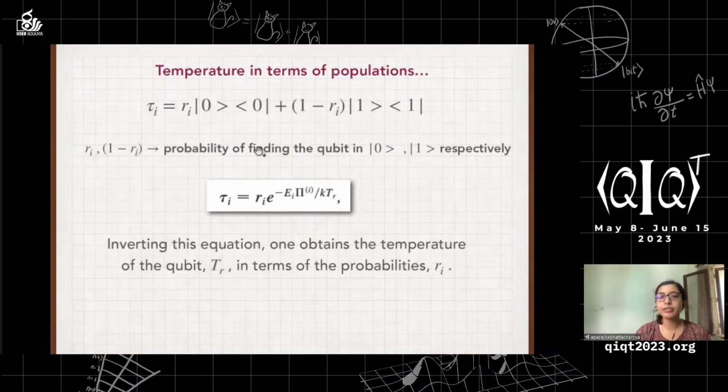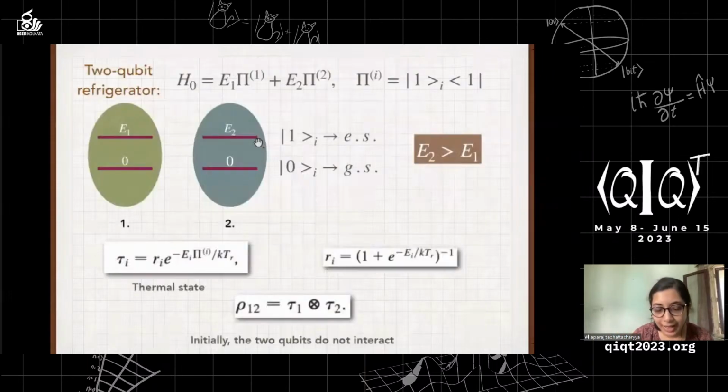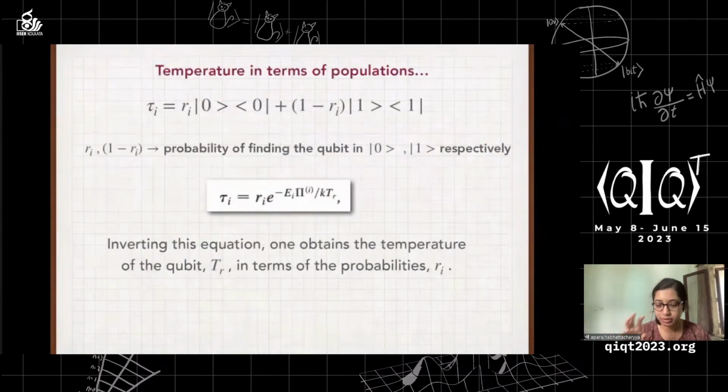Their definition of temperature only holds for states which are diagonal. Since they consider initially a thermal state, and only a decohering channel, there are no off-diagonal terms appearing in the density matrix after the evolution of the system. So the total system is always in a diagonal form, and for such a system, they have defined the temperature in terms of the populations.